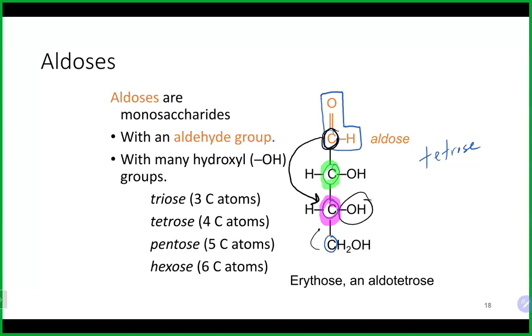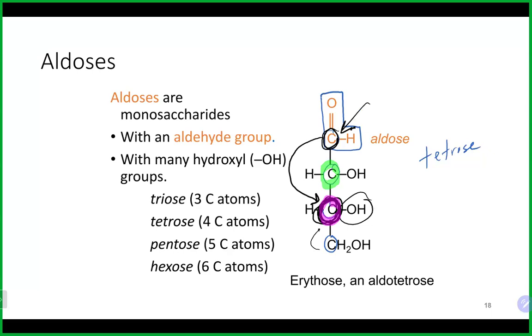So it has to be the very last chiral carbon, which in this case is this one right here. You don't do it for each chiral carbon that's present. It has to be the one furthest away from that carbonyl carbon, basically, where you assign it.